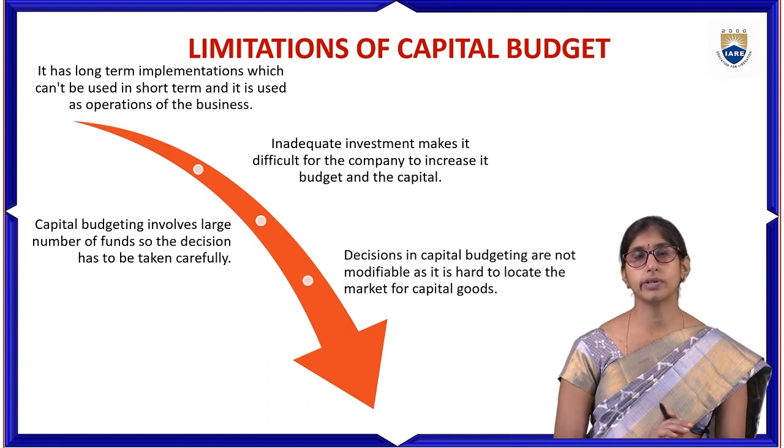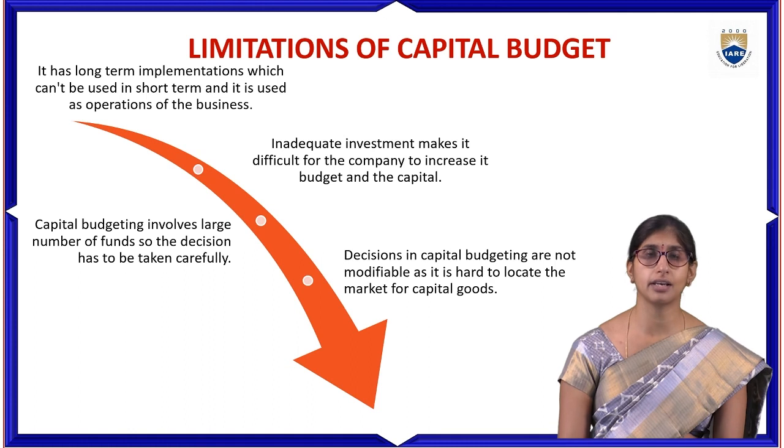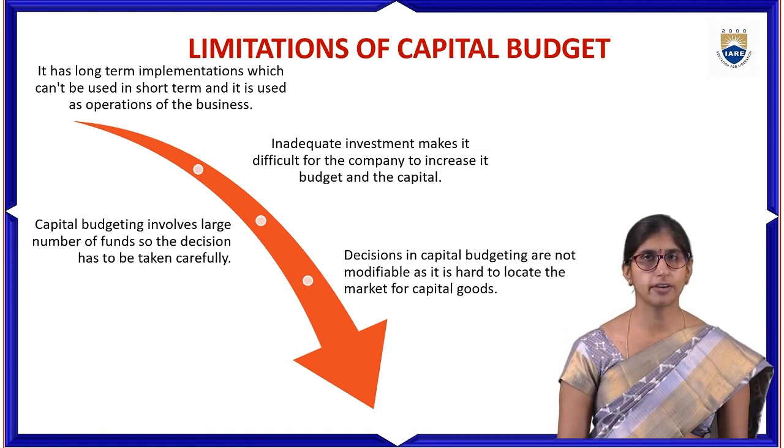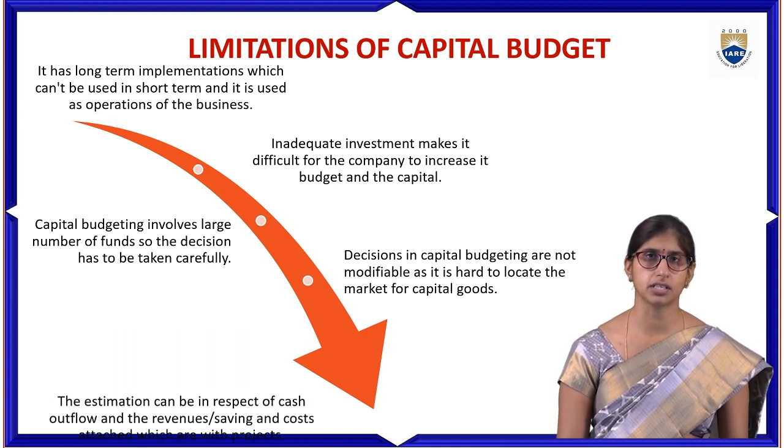And the next one is that the decision in capital budgeting cannot be modified, and it is hard to locate the market for the capital goods. It cannot be modified in the middle of the project.